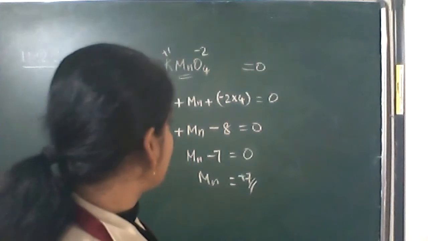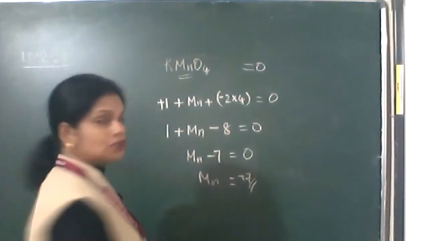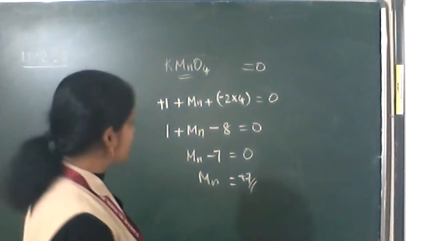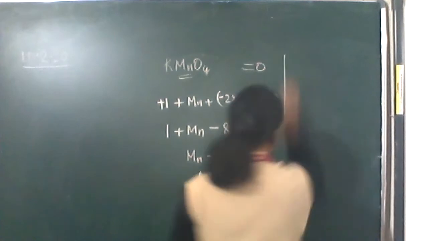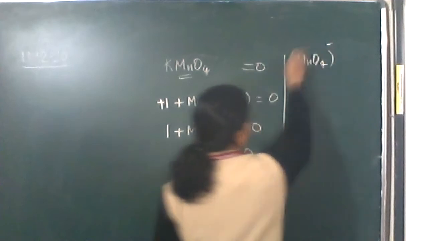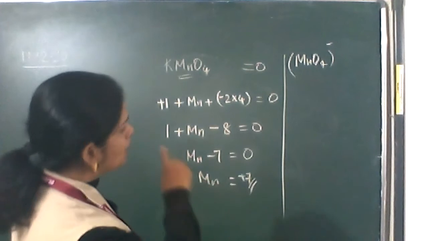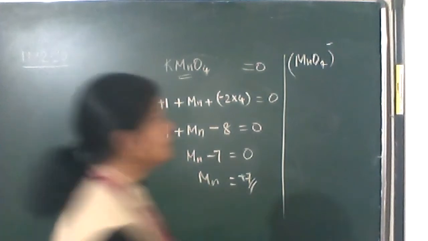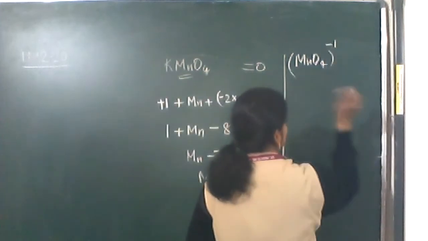In KMnO4 there is no charge; the species has no charge. But if I write the same thing in the form of charge, that is MnO4 minus, this minus is for the entire species. So the sum of the oxidation states of all the atoms inside is equal to this charge, minus 1.